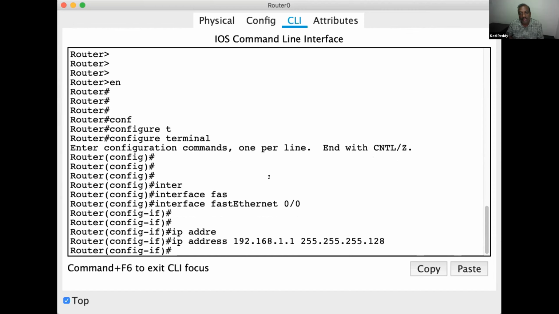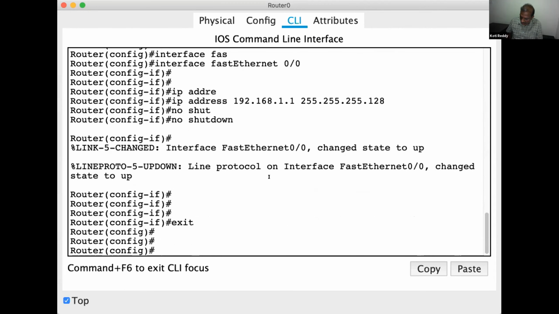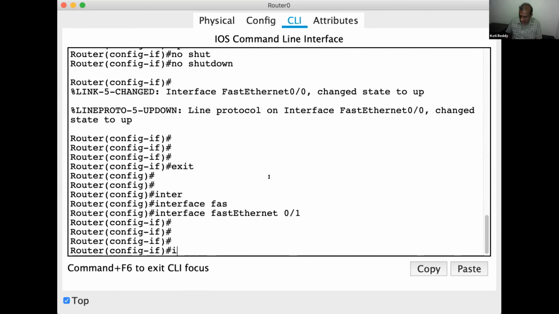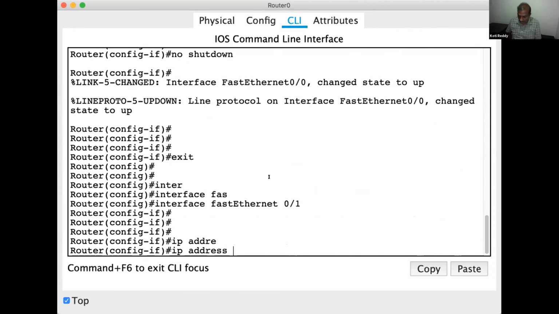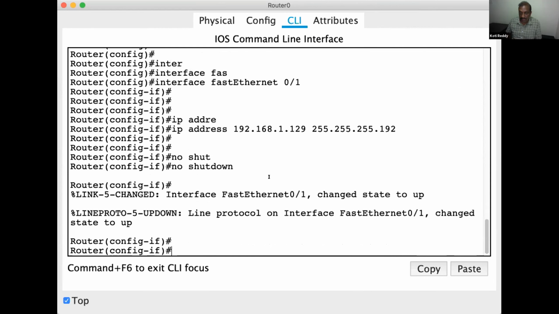When one bit is borrowed. I say no shutdown. Similarly, exit. Interface FastEthernet 0/1, IP address 192.168.1.129/26, mask 255.255.255.192. No shutdown.